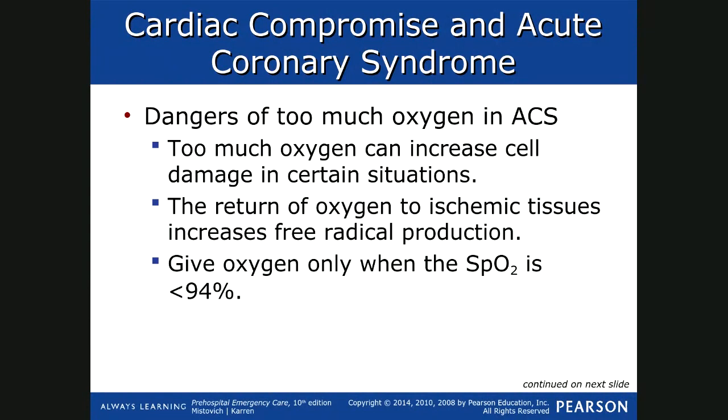We don't want their oxygen levels to get up to 100%. All right, if we can get them up to 99, great, but don't let it get to 100, because the pulse oximeter will never go over 100%.